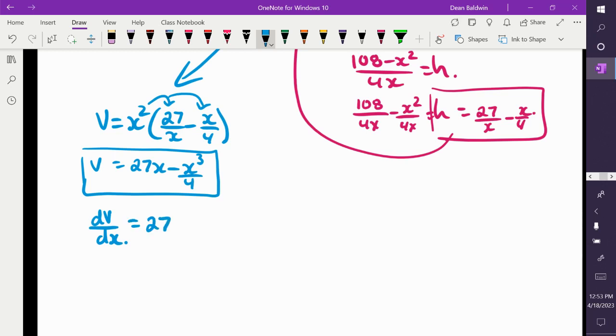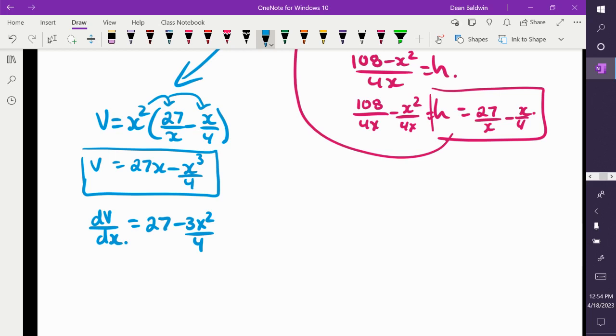So I get 27 minus 3x squared over 4. We good with that? Yeah? Okay, what do we do now?